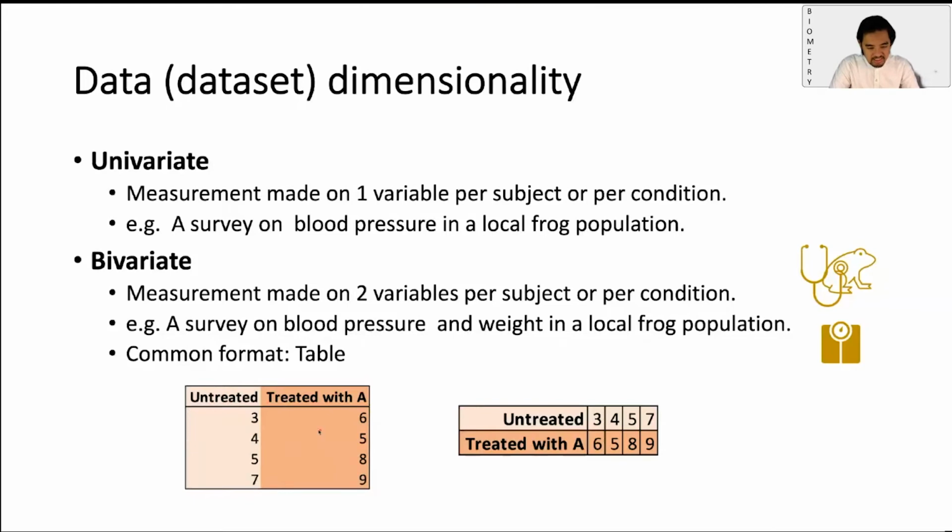This is an example of bivariate data. You tend to arrange them in the form of columns, or you could arrange them in the form of two rows. You have a row for untreated with these values, and then a row for treated A with these values. These are the things that you usually arrange in your spreadsheet, and the common format is to store them in the form of a table.